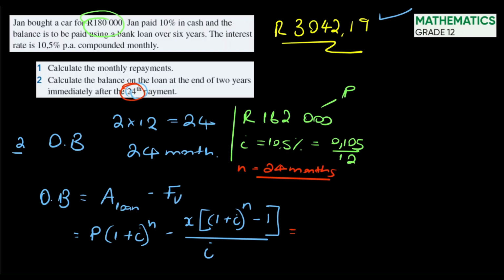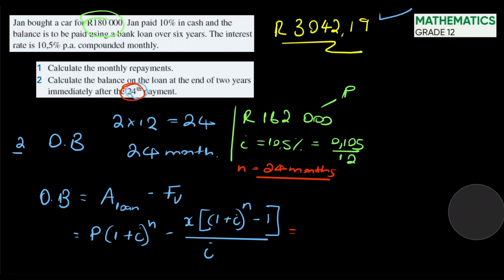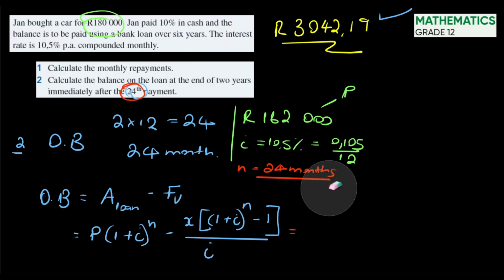Which means this will be equal to: our P is 162,000, minus our monthly installments, 3,042.19, brackets, 1 plus our interest, 0.105, all divided by 12, all to the power of... let me shift this so that I have more space.